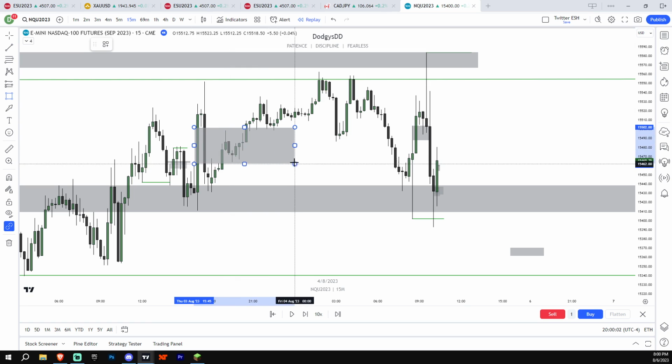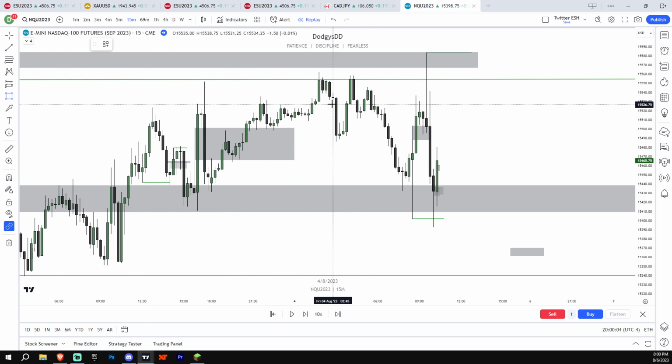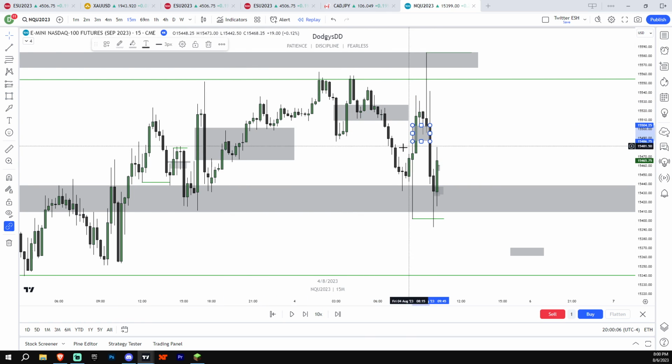There's this one right here, this one right here, right? There's plenty. So if I don't see anything in the higher time frame, I'll just go to the lower time frame. And if you are going from a higher time frame to a lower time frame, that obviously means you have to lower your targets. But if there's not a fair value gap in the hourly, I just take smaller and faster plays on the lower time frame.